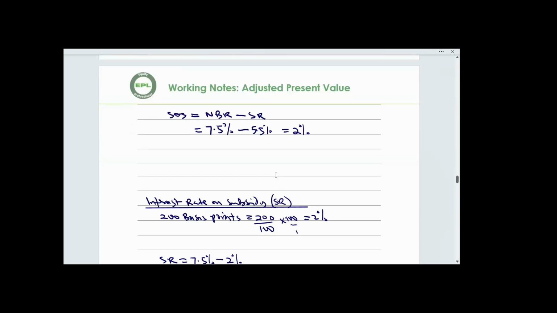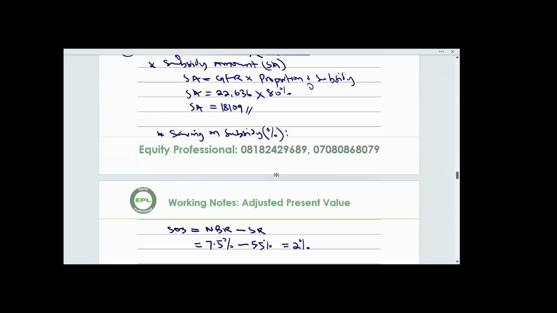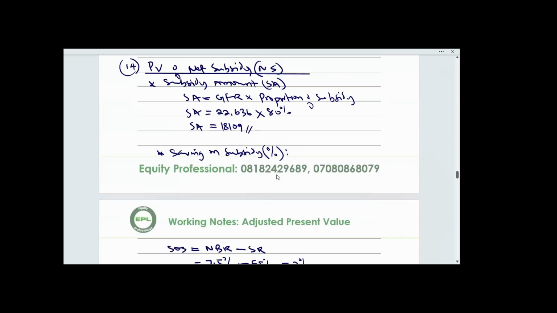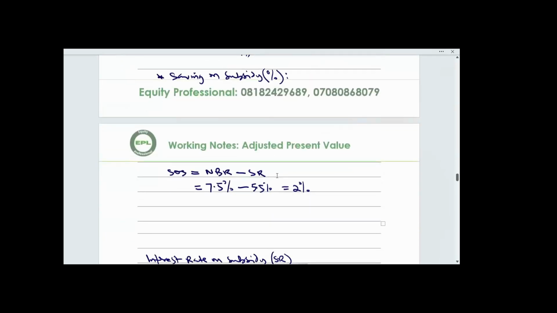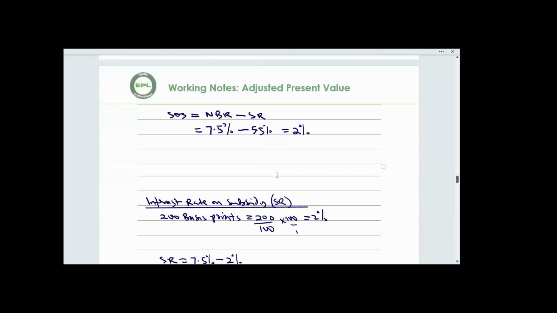Now that we have calculated SOS, step 3 says you should compute net subsidy, NS. Net subsidy is the subsidy amount multiplied by savings on subsidy, multiplied by 1 minus tax.